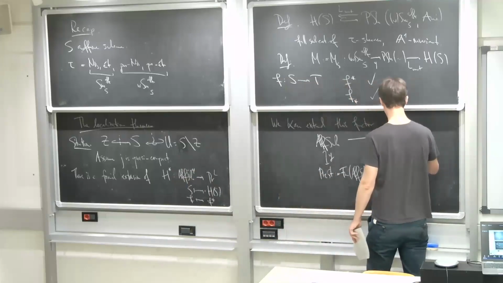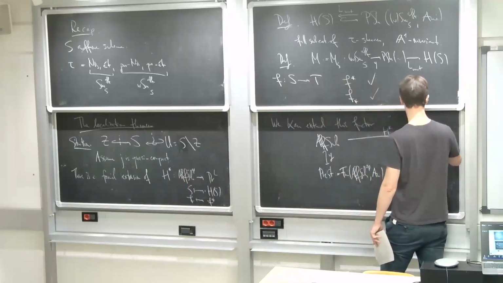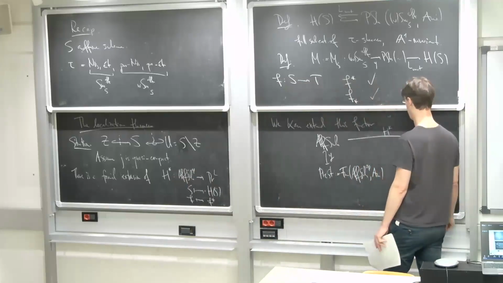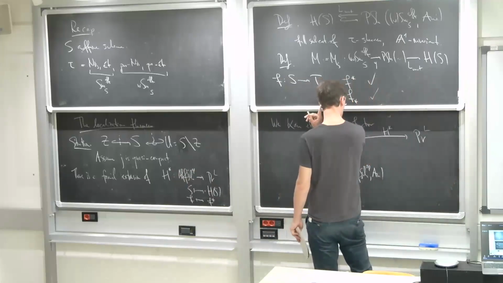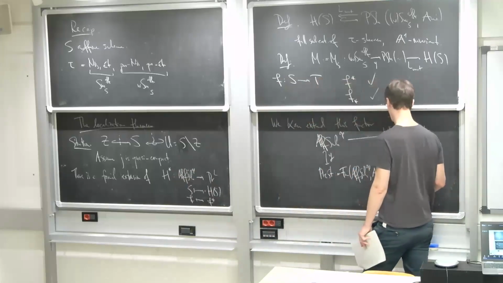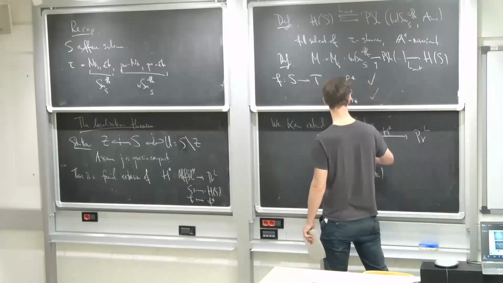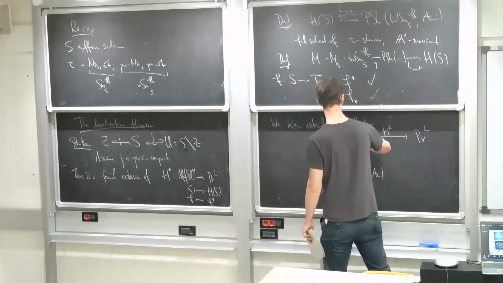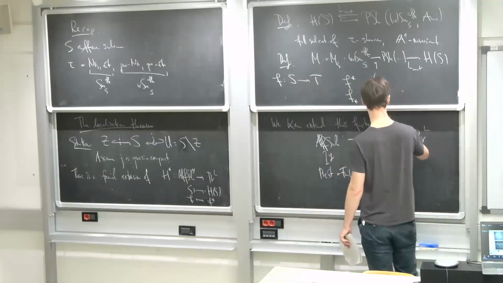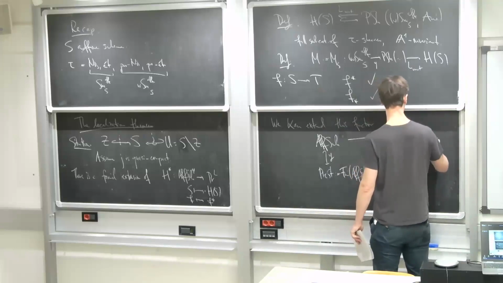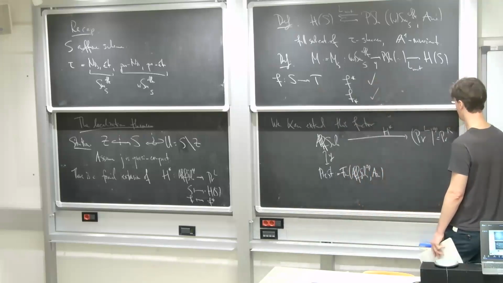So we have a functor like this, which we constructed. I should put the op here and write R there.